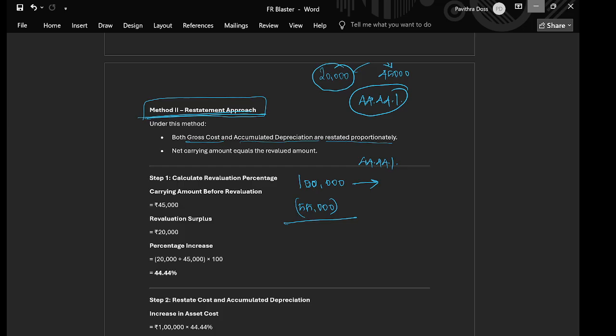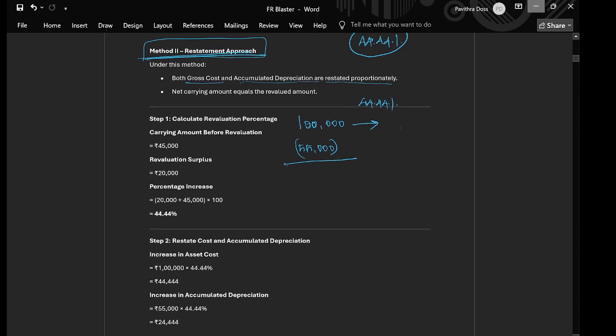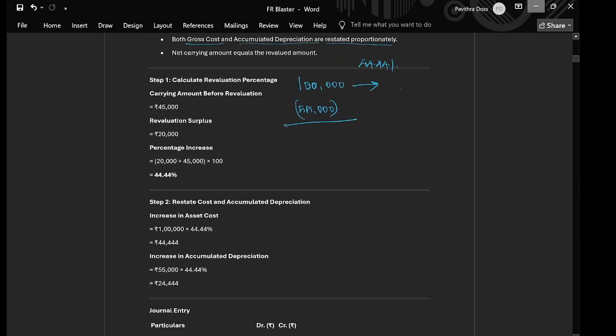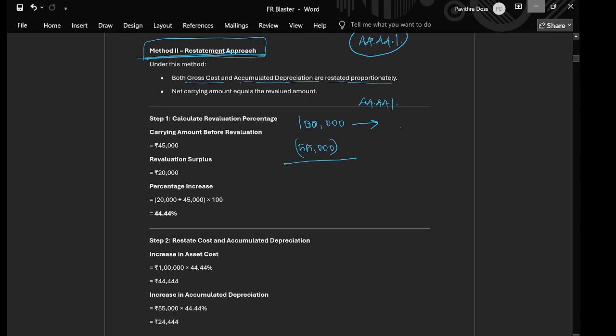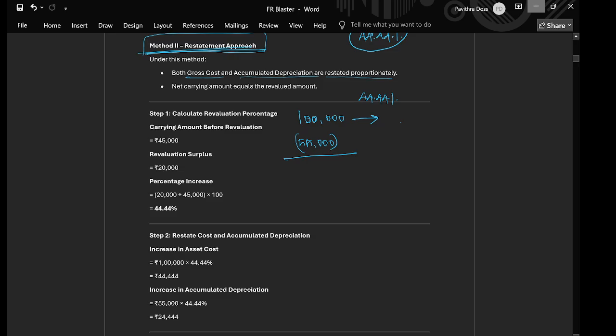So 1 lakh plus 44.4444 percent, there's a jump, and from here it goes to 1,44,444.